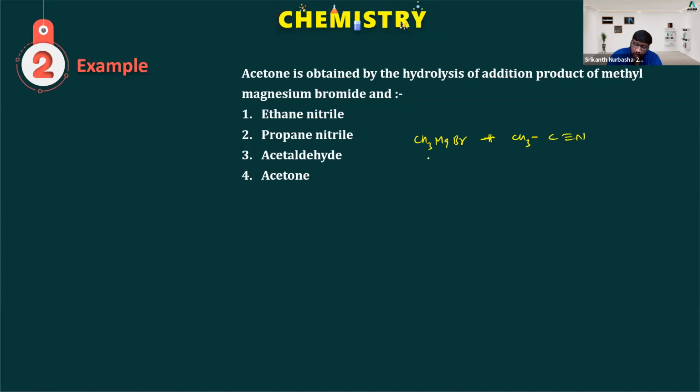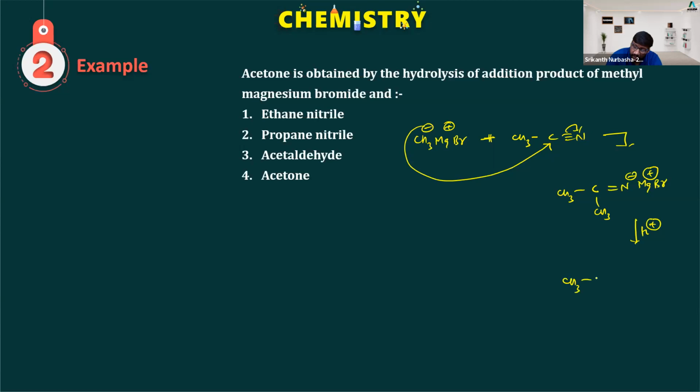The CH3 C triple bond N I have taken with CH3 MgBr. So what is going to happen? CH3 minus MgBr plus, CH3 minus will attack this particular carbon. The pi electron density moves away. You will generate what? CH3 C CH3 double bond N minus MgBr plus. This upon treatment with H plus will form CH3 C double bond NH, CH3.